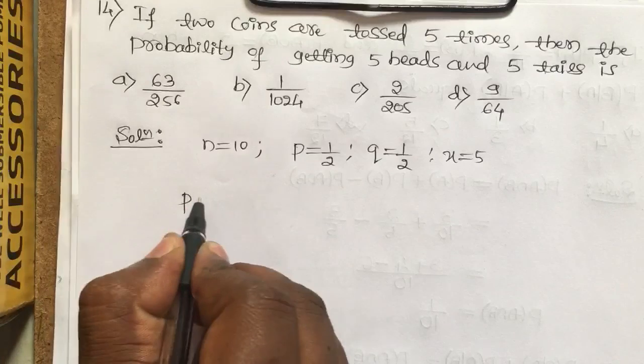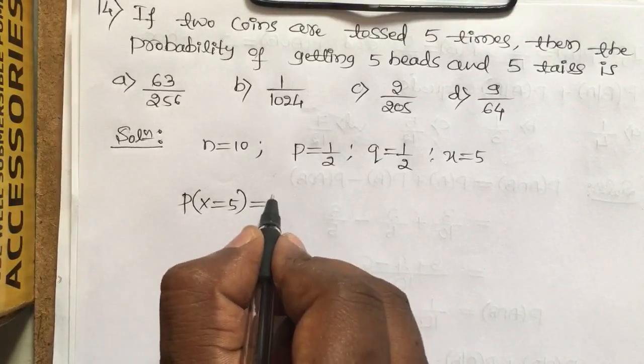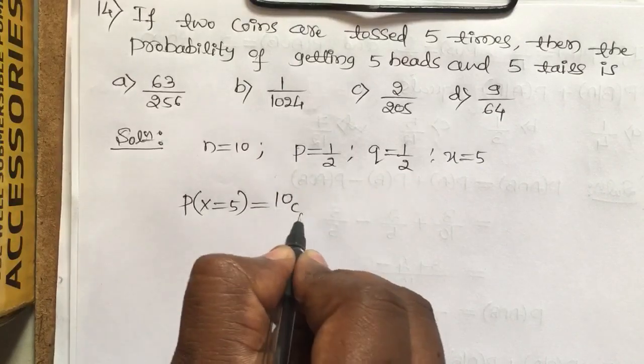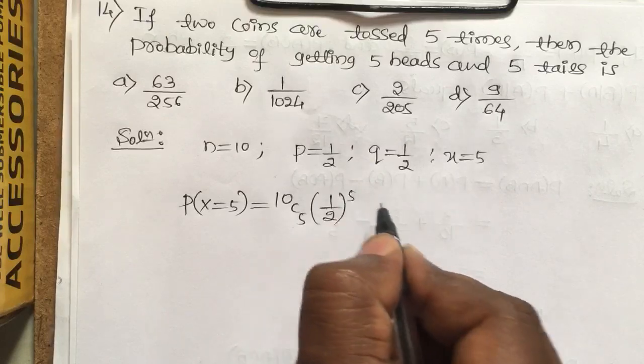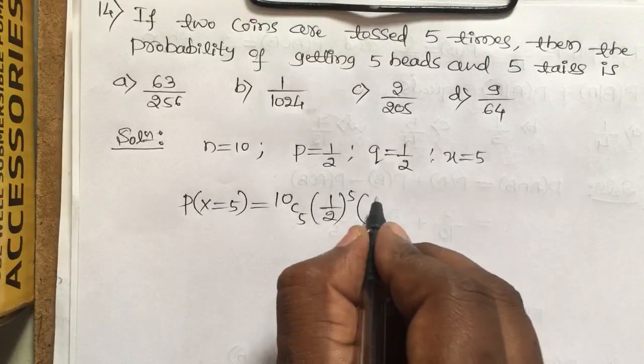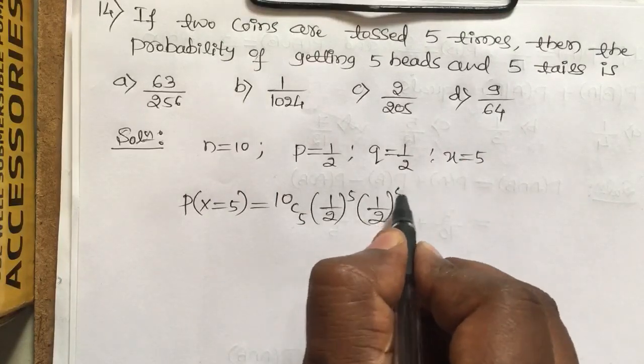So now P of x equal to 5 is equal to nCx, that is 10C5, p raised to x, 1 by 2 to the power 5, into q raised to n minus x. n is 10, minus 5 will be 5.